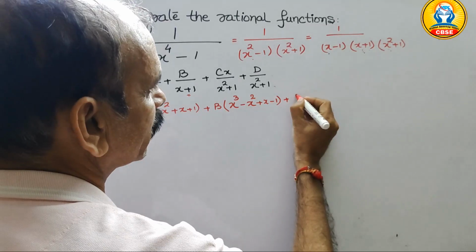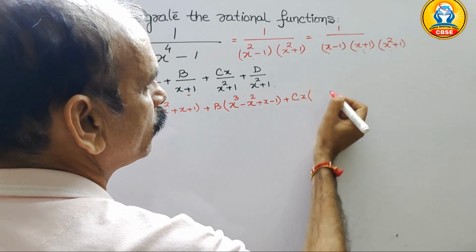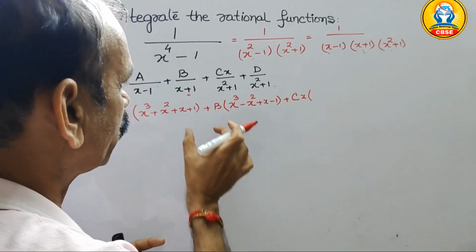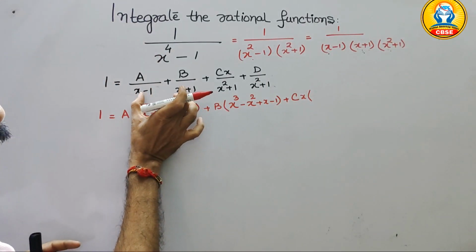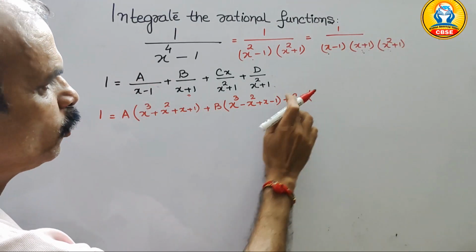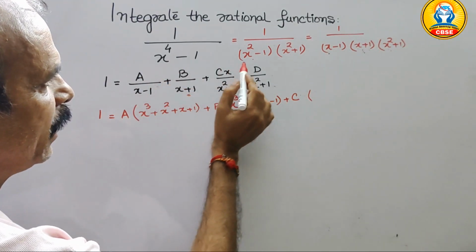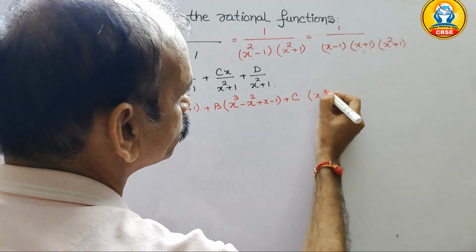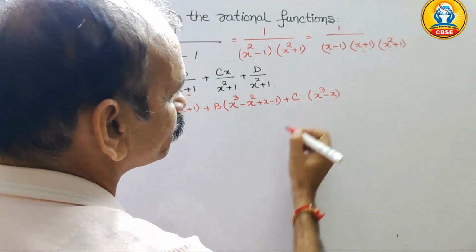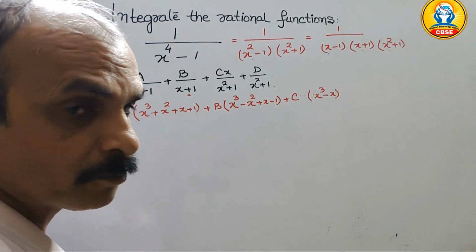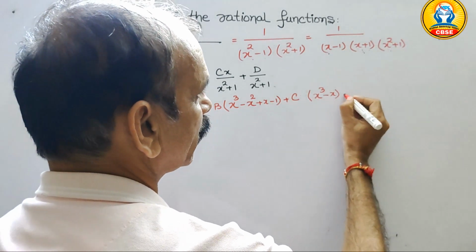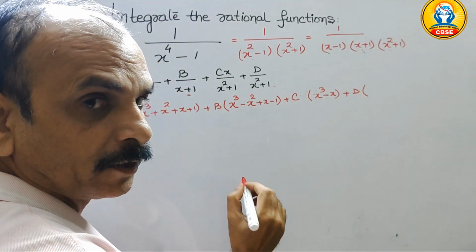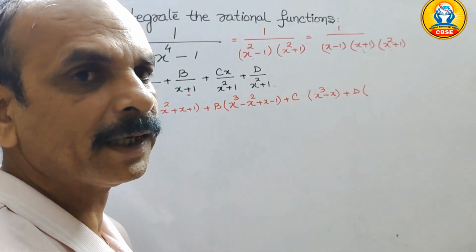Cx means we multiply x square plus 1 into x. So x square minus 1 into x is x cube minus x. Next comes plus D. D is x square plus 1, so we have to multiply with x square minus 1.